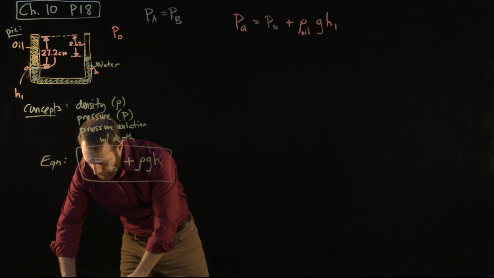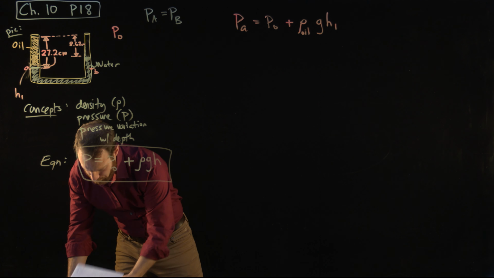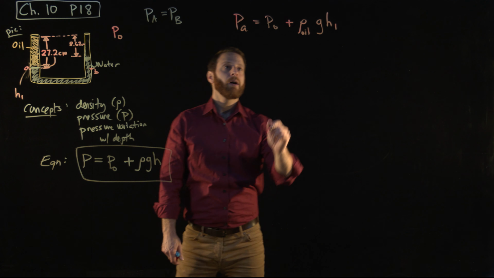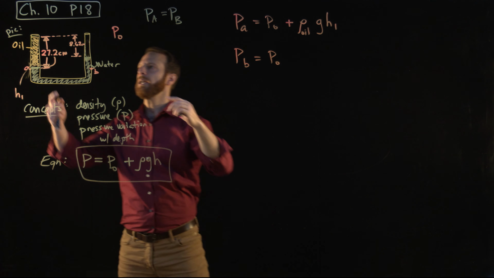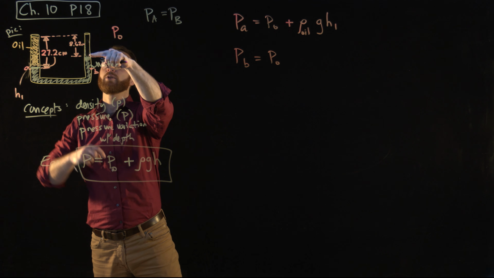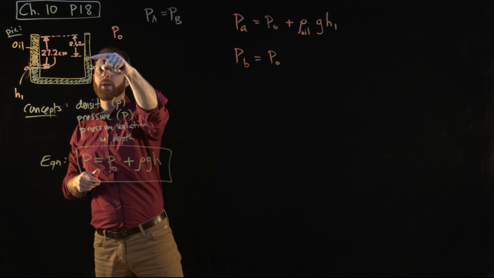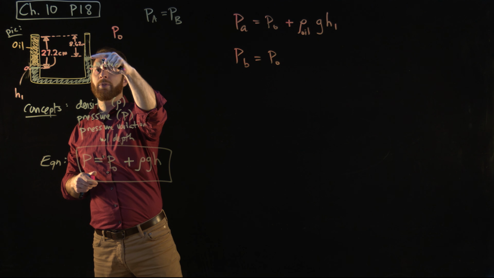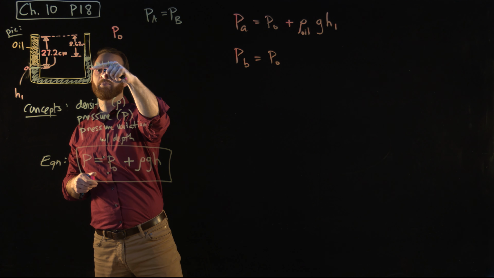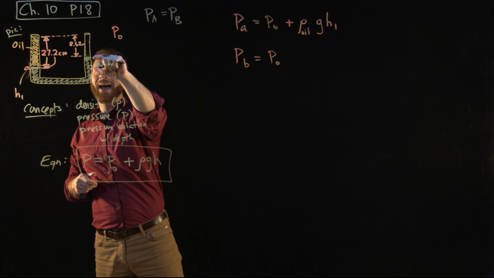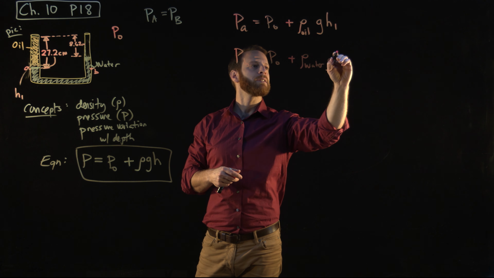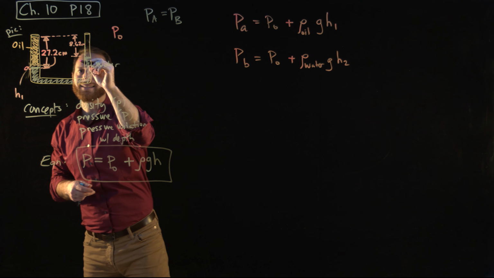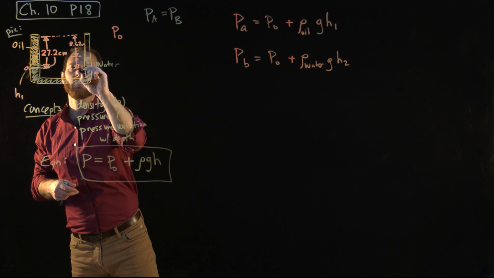That's pressure A. Pressure B, it's the same idea. The starting pressure is basically the same, atmospheric pressure, and then it goes up by some amount given by the depth from the surface of the fluid here to point B. So we need that distance here. Okay, what's the fluid involved? That fluid is water, g, and then some new depth H2.